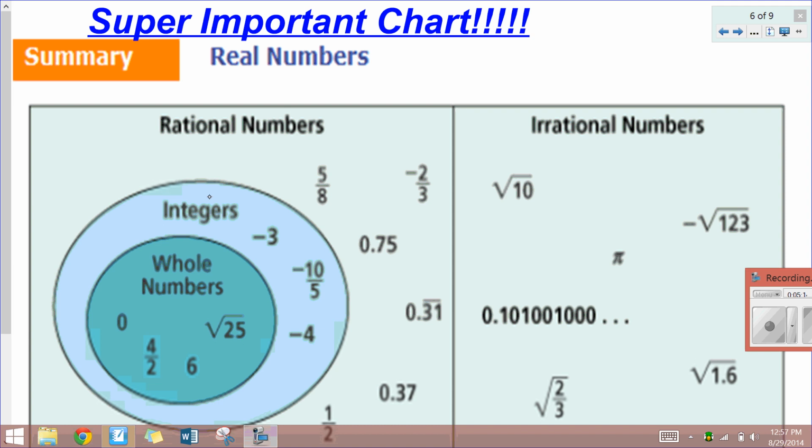Integers are a subset of rational numbers. Whole numbers are a subset of rational numbers. Like 5/8 is a rational number. -3 is a rational number. 5/8 is not an integer. -3 is. This is part of the real numbers. Irrational numbers, the other half of the real numbers. This is a diagram explaining subsets of real numbers.